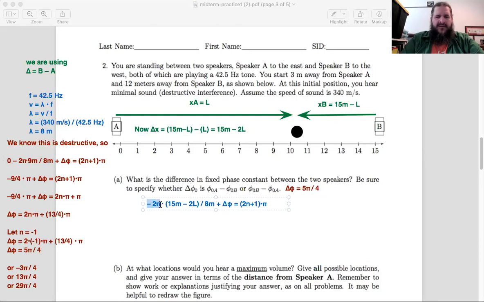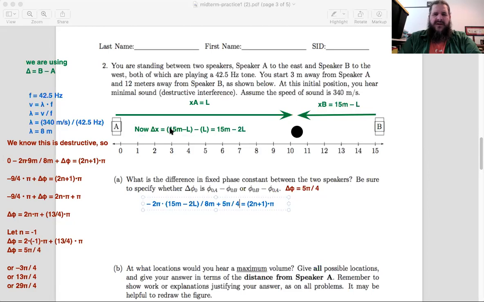So we just got negative 2 pi times delta x, which we don't know, but we can write in terms of L, divided by the wavelength, 8 meters, because it's still the same wavelength, plus delta phi. But what do we know about delta phi now? We found the value from the previous question, so it's 5/4. Exactly.